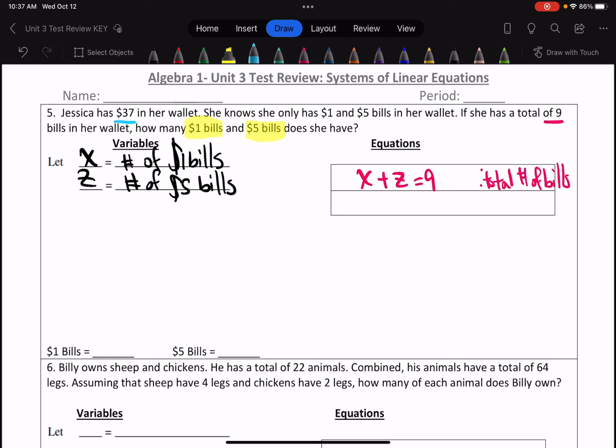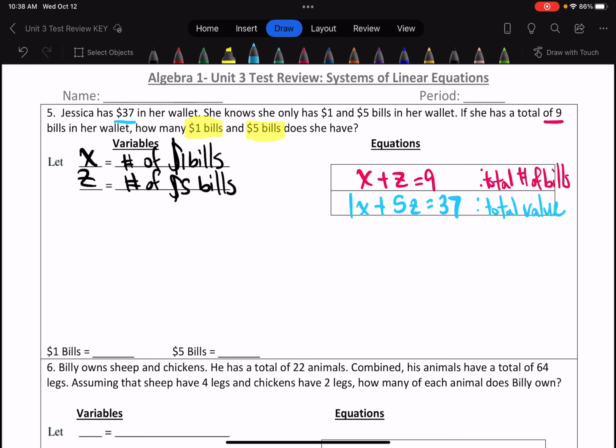Well, I know that each $1 bill is worth $1, so I can say 1x, each $5 bill is worth $5, so I could say plus 5z is equal to $37 total. This is the total value of the money in Jessica's wallet.